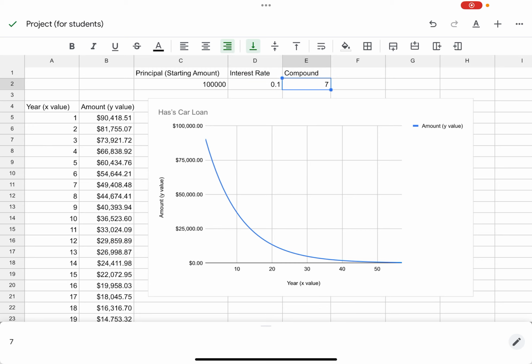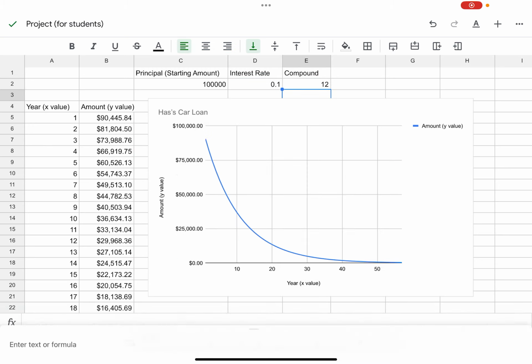I'm going to make 12 payments over the course of the year, so once a month. And then, I decided I wanted this car, and this is what the curve looks like. It's decreasing, and it would take me about 50 years to pay it off. Okay, so there would be your Google Doc, some sort of a description.